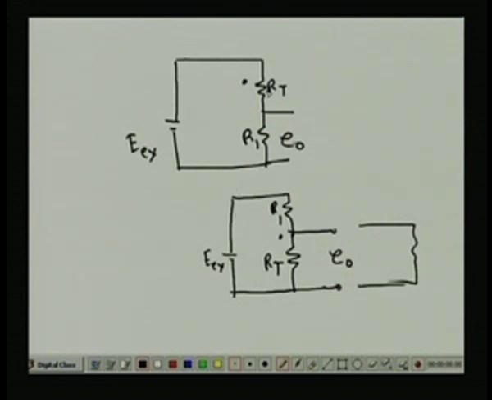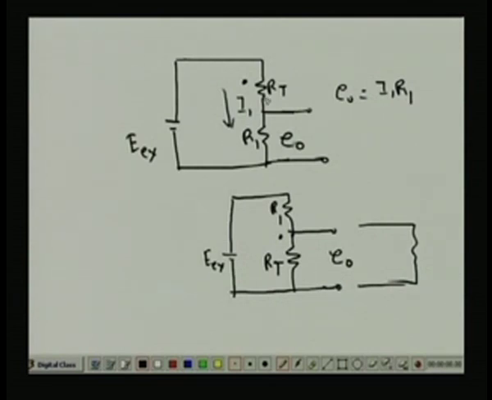What will happen if the temperature changes? This resistance will fall and we will get more current through the resistance which is in series, and I will take the output voltage. So, obviously, the output voltage also will increase, because if the current is I1, suppose, E0 equals I1 times R1.